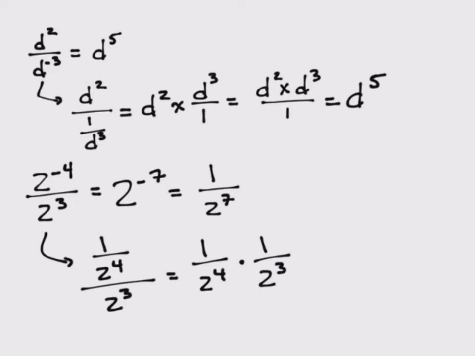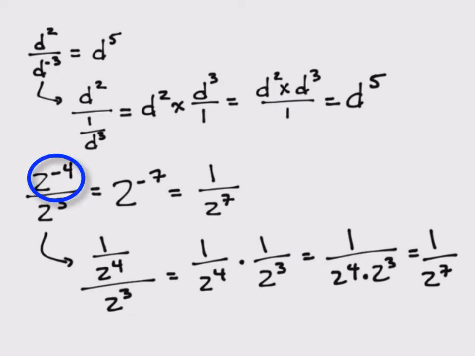And we end up with a fraction, 1 over 2 to the fourth times 2 to the third, which is, of course, 1 over 2 to the seventh. But one more time, I want to point out that in our original problem, we had 2 to the negative fourth in our numerator, and as we made our way through, we ended up with a 2 to the positive fourth in our denominator. Very interesting. All right, let's do some more.